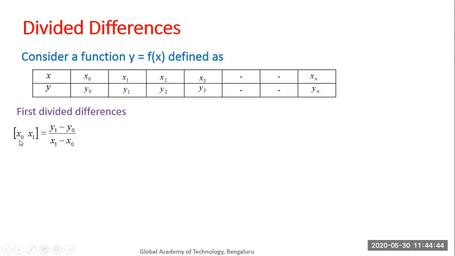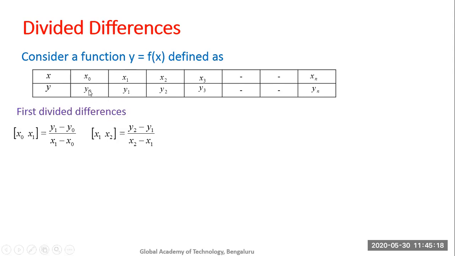So the first divided difference x0, x1 is defined as y1 minus y0 divided by x1 minus x0. Similarly, the first divided difference x1, x2 is defined as y2 minus y1 divided by x2 minus x1. So similar to forward and backward, we will take the difference of y values, but each value is divided by the difference of the corresponding x values.